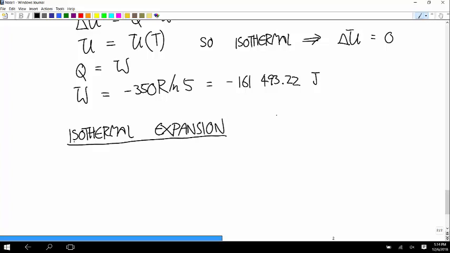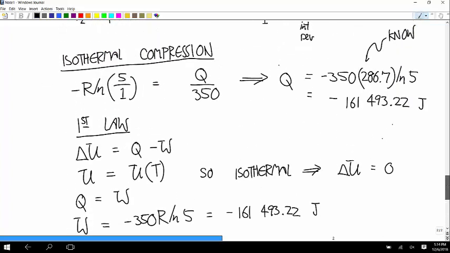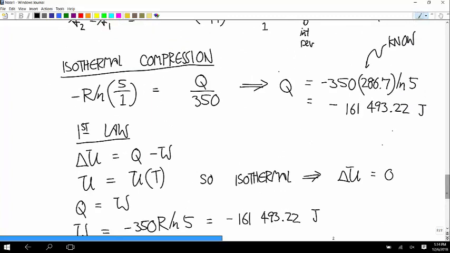This one's different because we're not given the pressures. So we don't know those. But we do know, so what's the stuff that we can use from the first one?